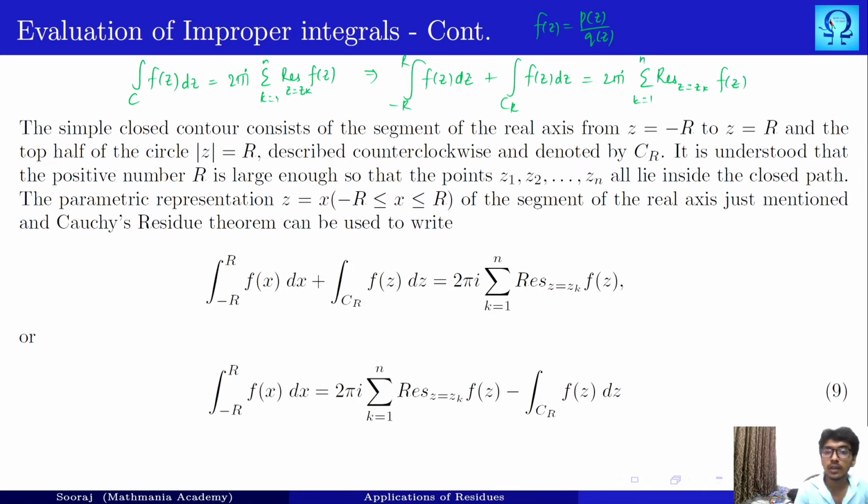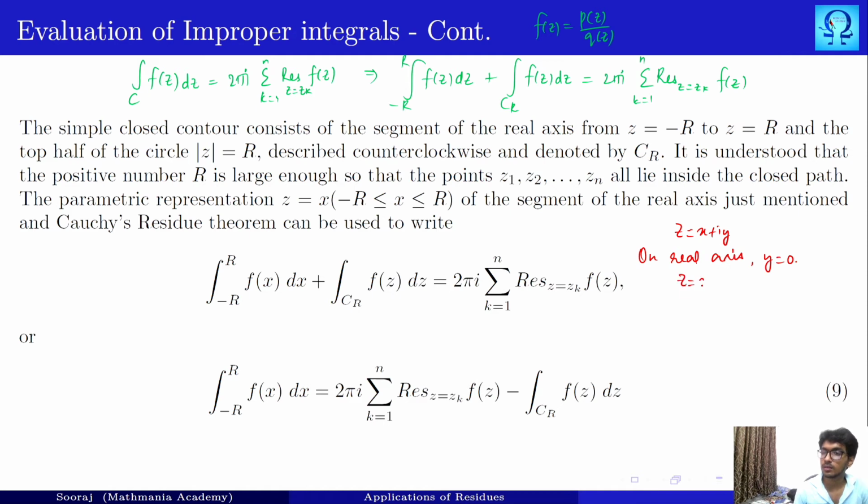Now we'll have to do something here, because this is a line segment on the real axis. When you try to parameterize your z, which is usually in the form x plus i y, on the real axis our y value is 0.